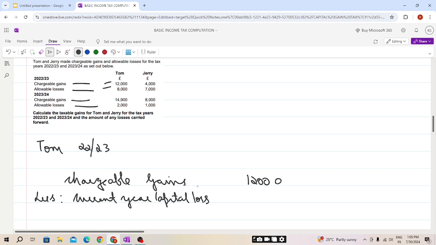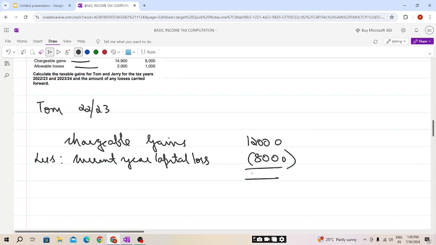The current year capital loss will be 8,000. So this will give rise to the net chargeable gain of 4,000. Net chargeable gains. I hope this is clear.